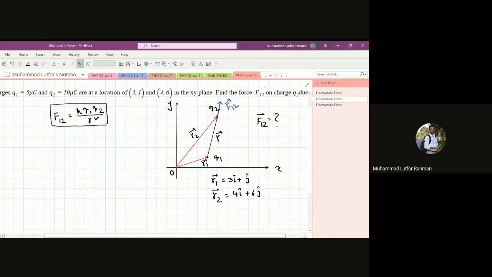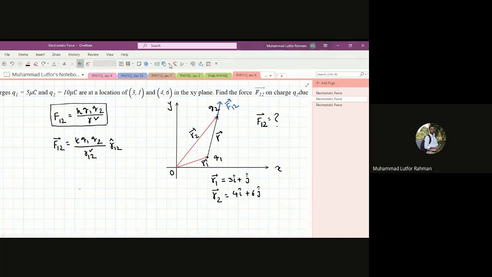So if I want to find it vectorially, I represent this equation in vector form: K Q1 Q2 over R squared times R12 hat. R is the distance between the two charges, and R12 hat indicates the unit vector from 1 to 2. Remember this convention: I'm moving from 1 to 2. That would be the direction of R.